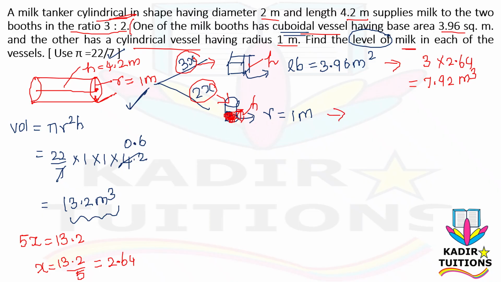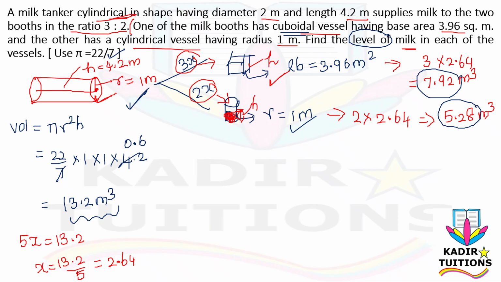And for booth 2, it is 2 into 2.64, which is 5.28 meter cube. So the first milk booth is going to hold 7.92 meter cube of milk, and the second booth is going to hold 5.28 meter cube of milk.